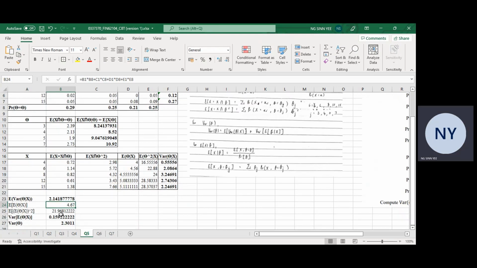After that, we will be required to find the variance of the expected value of data if conditional on X, and it's not that hard to find this value as well, because we could be finding the expected value of data conditional on X by using the double expectation formula.